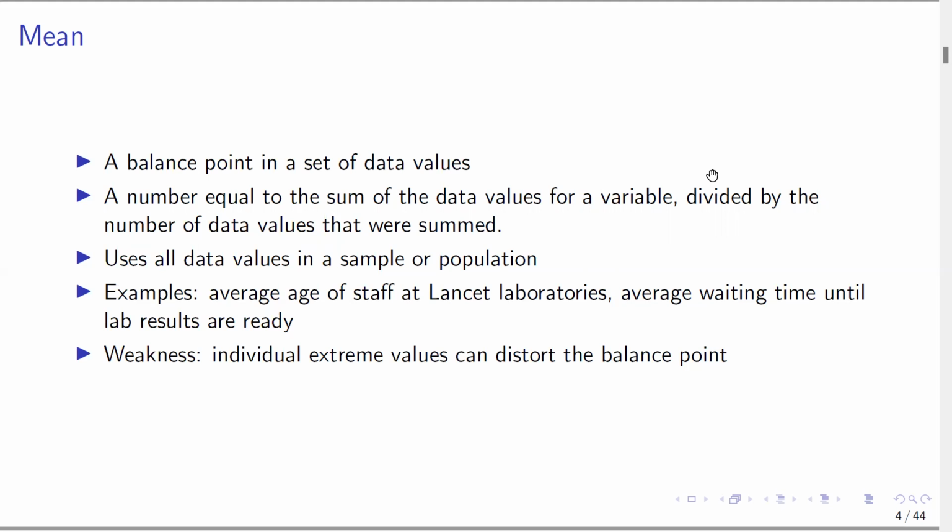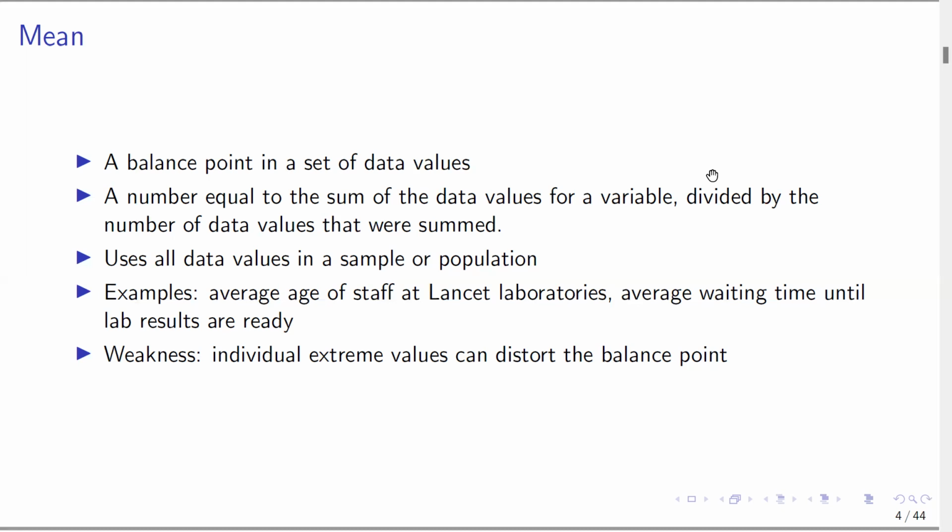I'll write that one down. And as I mentioned earlier, there are 80 of you in the class. So the total I had for my summation, I'll divide it by this 80, and then the value I get becomes my mean. So the mean also uses all data values in a sample or population.